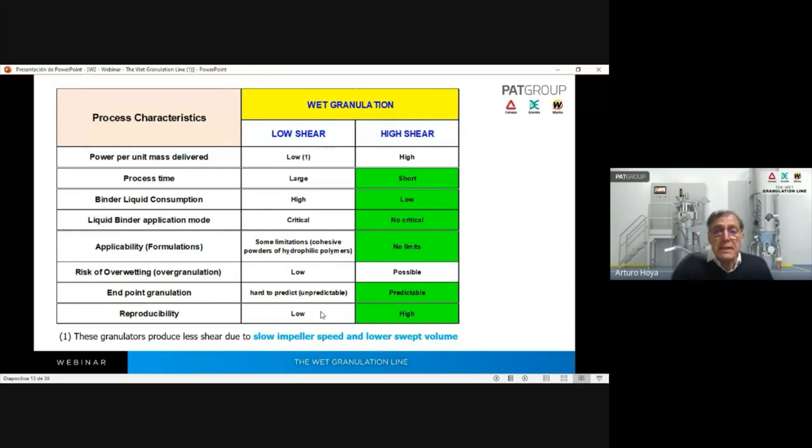And reproducibility is another process characteristic that is low in low shear, but is very high in high shear. So we see that high shear has a number of advantages over low shear.